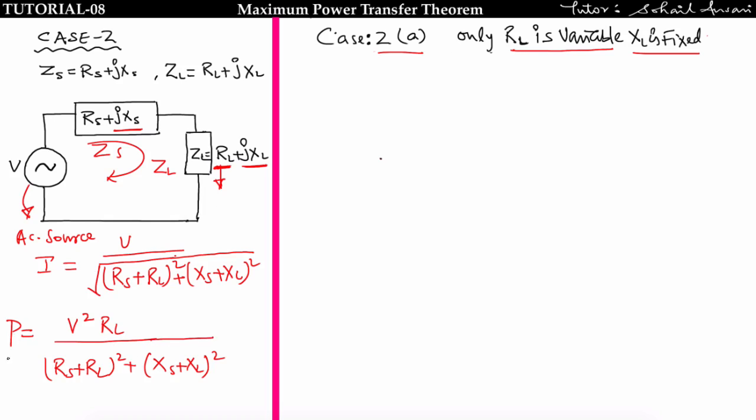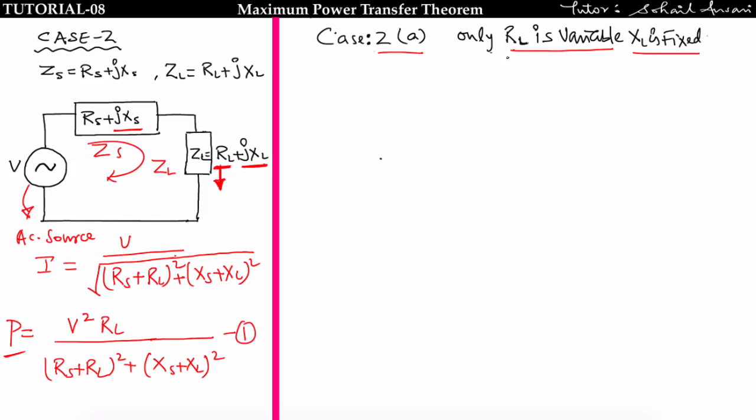See, we are finding active power, not total power. Total power is given by I square into Z. But we are interested in finding active power, not reactive power. Since only active power is used, that's why we find active power, which is given by I square into RL, and after putting the value of I, I get this power equation.